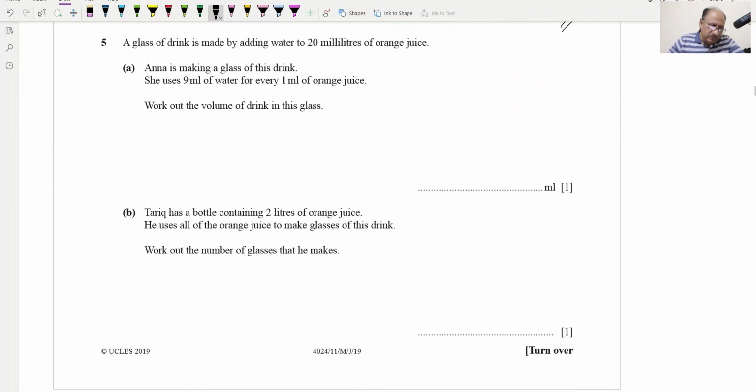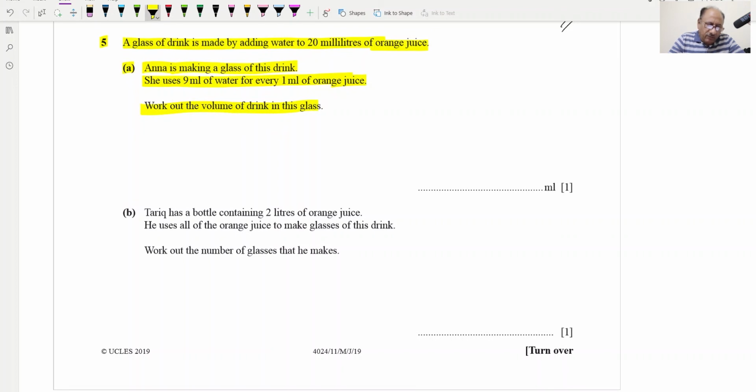Now question number 5. A glass of drink is made by adding water to 20 milliliters of orange juice. A part: Anna is making a glass of this drink. She uses 9 milliliters of water for every 1 milliliter of orange juice. Work out the volume of the drink in this glass.